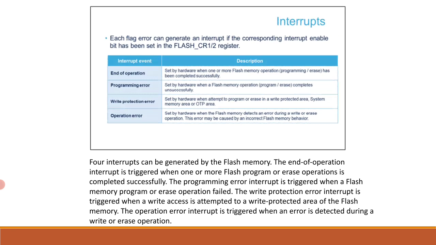So with this we conclude the embedded flash. We have seen in this video the key features of the flash memory, the flash memory block diagram, flash memory architecture, and flash memory organization, that means bank 1 and bank 2, the block names, base addresses and sizes.